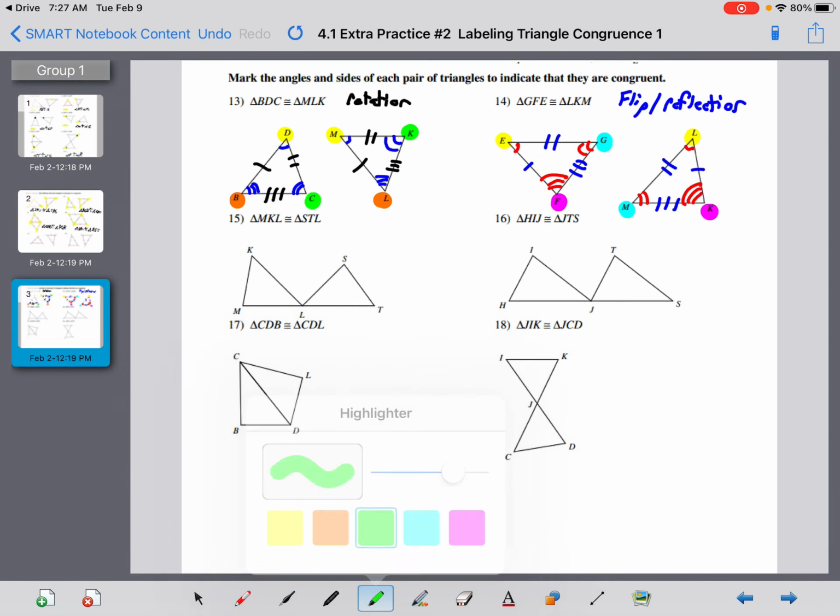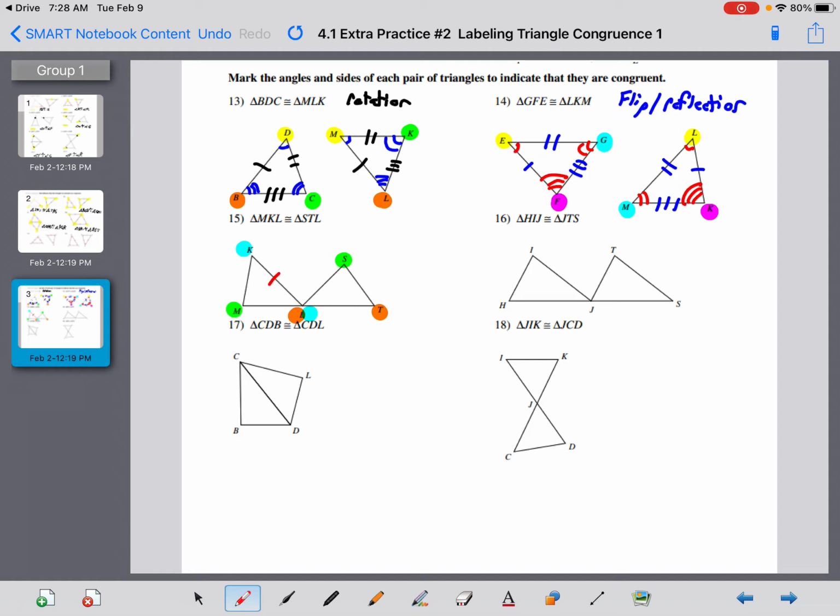Okay, but what I'm gonna see here is that M corresponds with S, and it gets a little tricky because K will correspond with L, and I'm gonna put that highlighter on the other side with L in this triangle, okay? But then L is used again with T, okay?